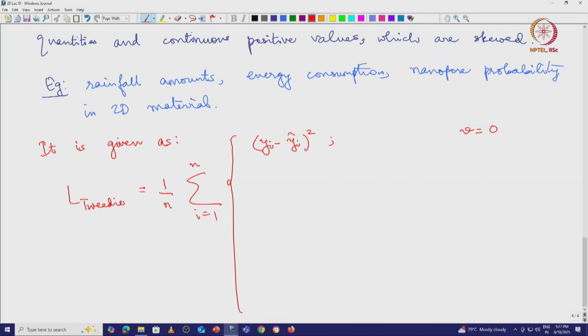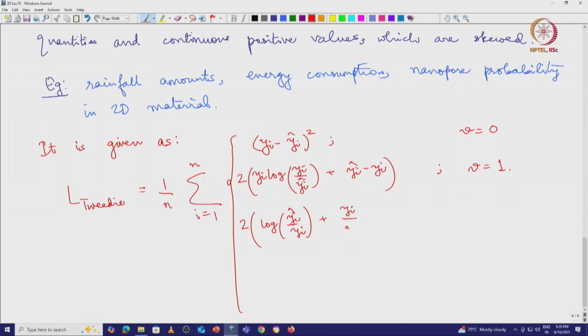So, for v equals 1 you can write twice (yi log of yi by yi hat plus yi hat minus yi), okay. So, this is for v equals 1. For v equals 2 you have twice (log of yi hat by yi plus yi divided by yi hat minus 1).